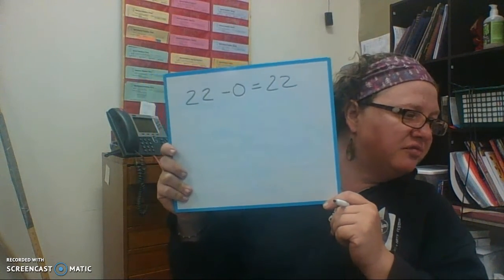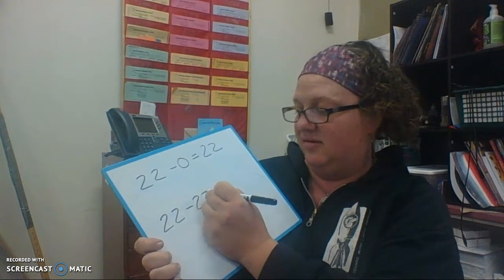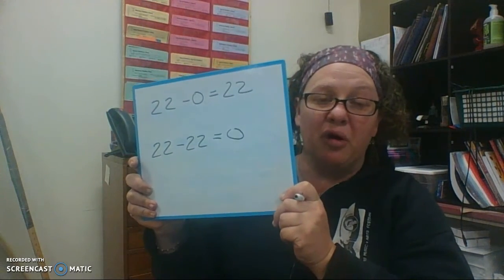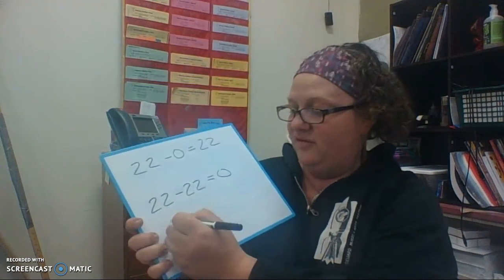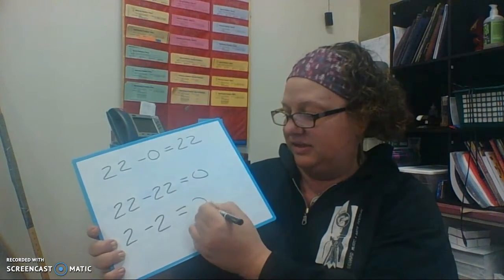The other subtraction rule is that when you subtract something by its own number, you get 0. So those are like 2 0 rules in addition. If you subtract 2 minus 2, you're going to get 0.